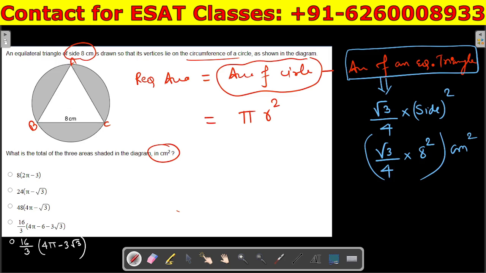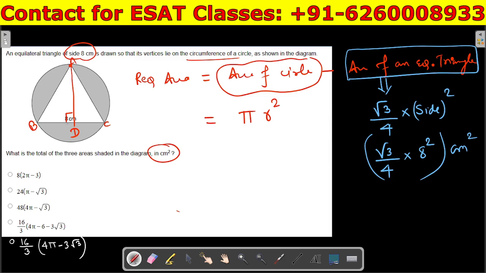I am going to draw a perpendicular from vertex A to side BC. My drawing is not good, so let me try once again. Let us suppose this is the point D and this is the perpendicular, and you should know that in an equilateral triangle everything is symmetrical, right?